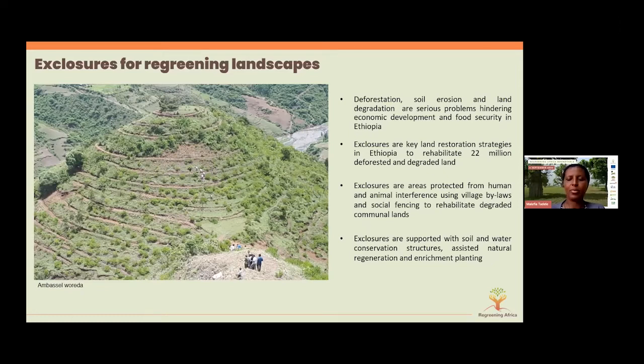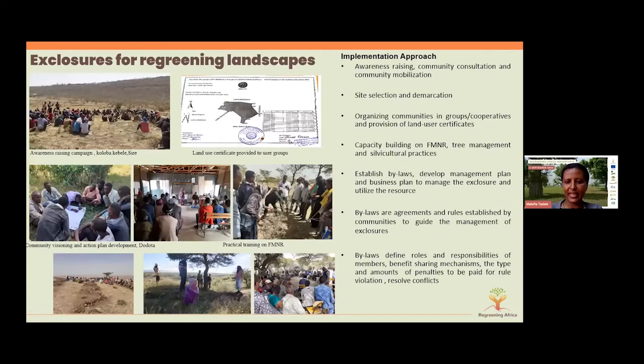The implementation approach that we followed with the Regreening Africa project was, prior to designating an area as an exclosure, awareness raising campaigns and community consultations were conducted.